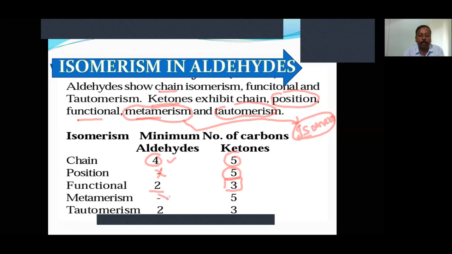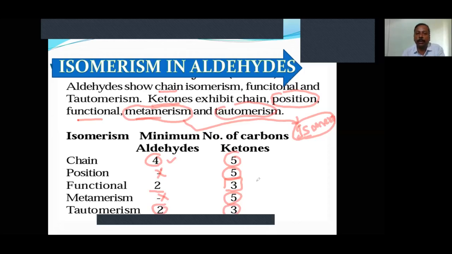Metamerism aldehyde cannot show because it is terminal. Ketone is non-terminal, therefore it can show metamerism, provided it has 5 carbon atoms. Tautomerism it can show with 3 carbon atoms.